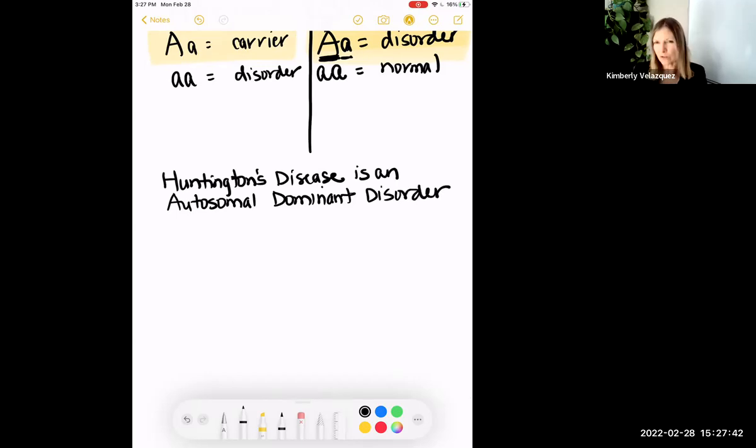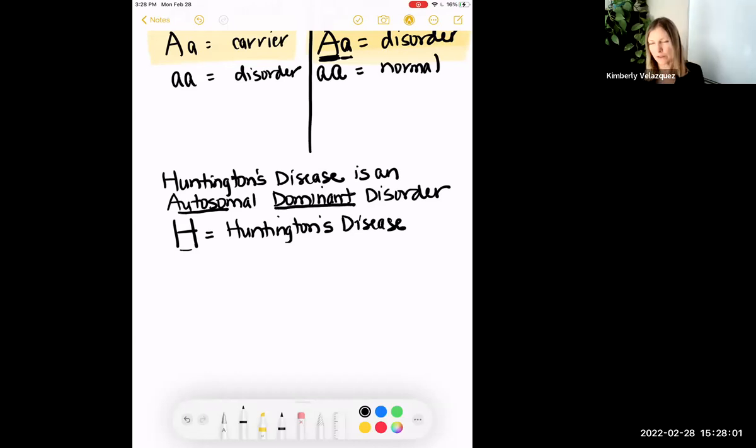So in this case, I'm going to use H, since it's Huntington's disease. Big H is Huntington's disease. We know that it's the big H because it's autosomal dominant. That means the disease is carried on the dominant allele, and we use the capital letter for that. That means little h is normal.